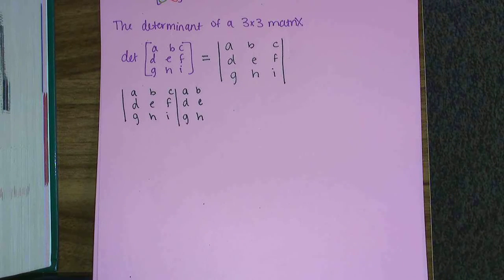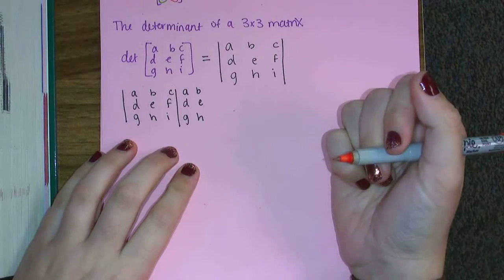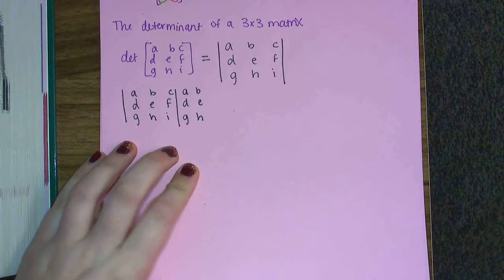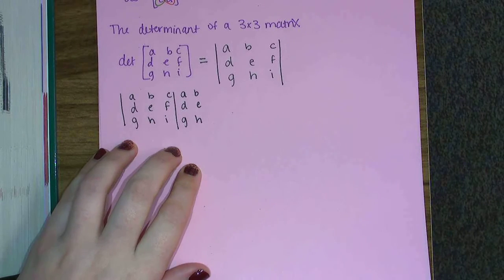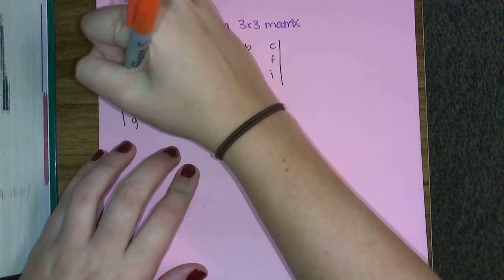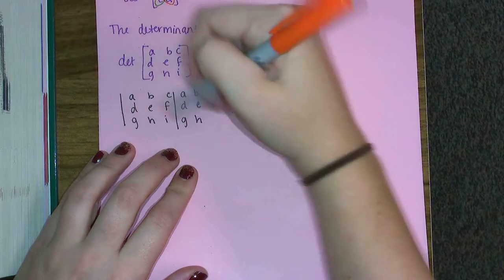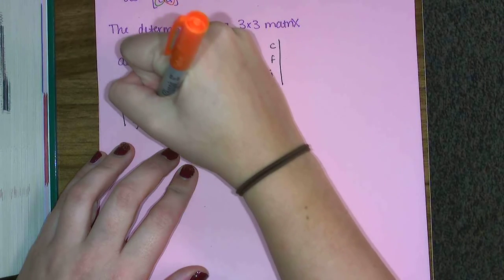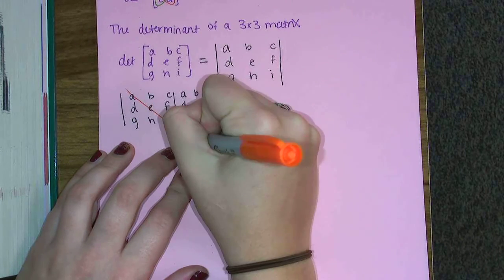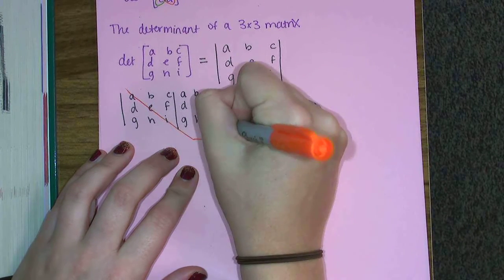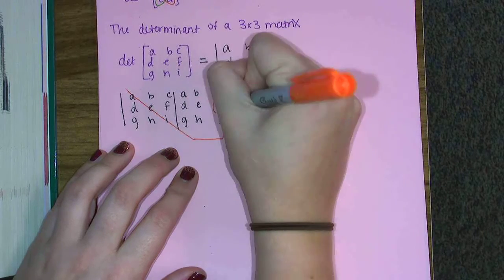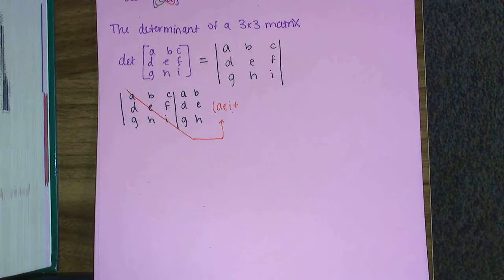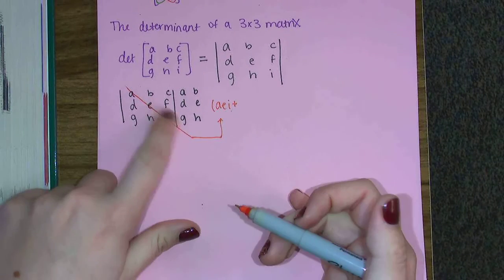I'm going to literally draw the lines through it, because that's the easiest way to see it, so I'm not going to loop it around. So you're going through A, E, I. And in this one you're going to write A, E, I plus, the next one is going to be B, F, G.